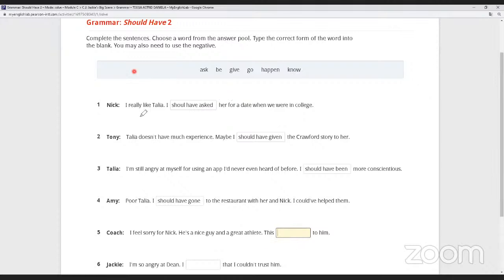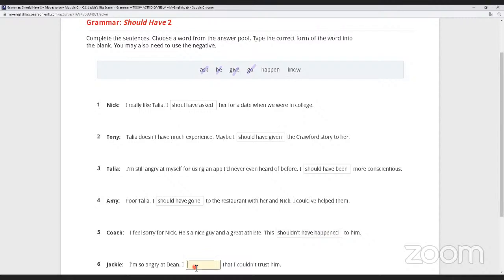This shouldn't have happened to him. I am so angry at them.